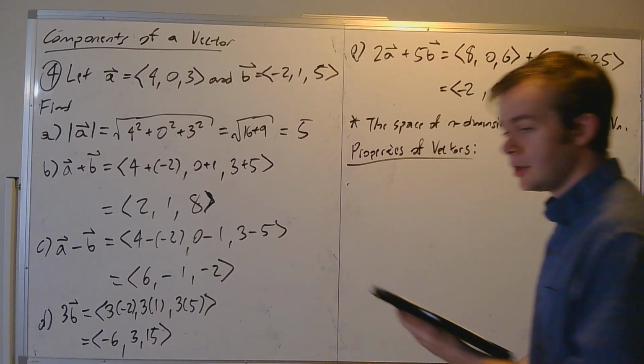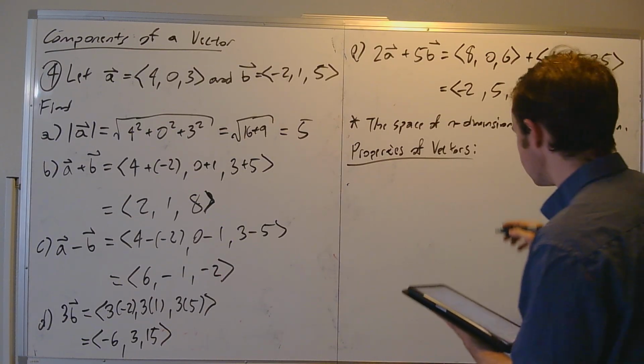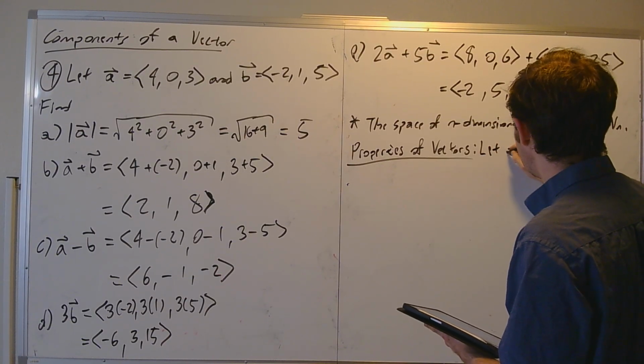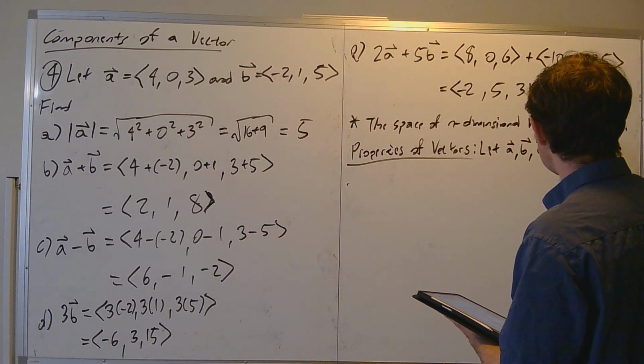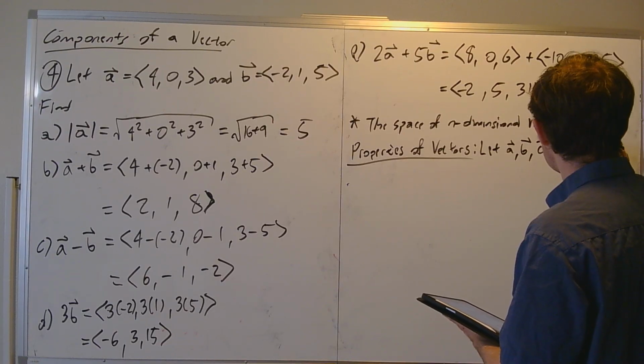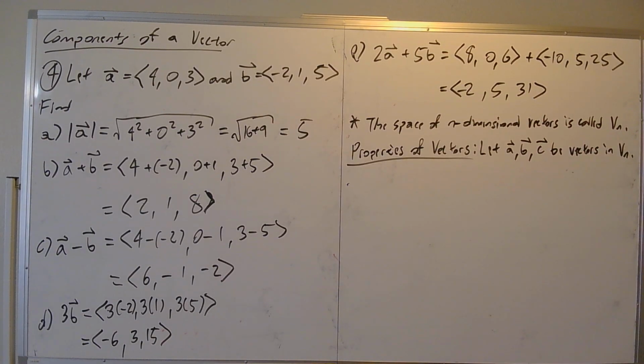So if we have a space of vectors Vn, then it's going to have to satisfy the following properties. So let A, B, and C be vectors in Vn.